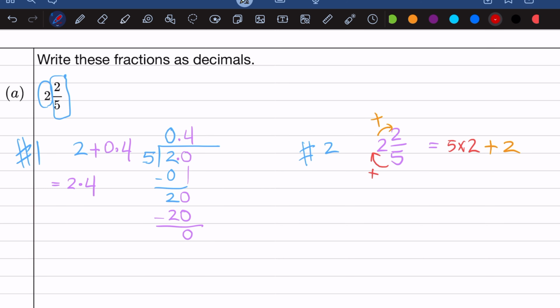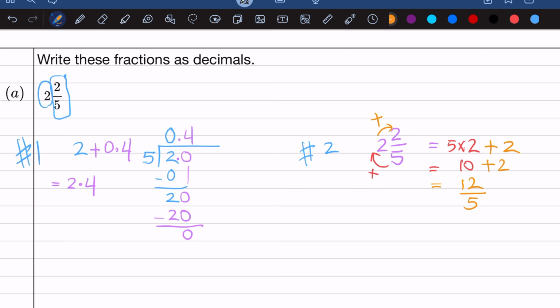So I'm gonna work out step by step so you can see. 5 times 2 gives me 10 plus 2. It gives me 12. We still need to put our denominator. Never ever forget our denominator. So 12 divided by 5 will be our improper fraction.